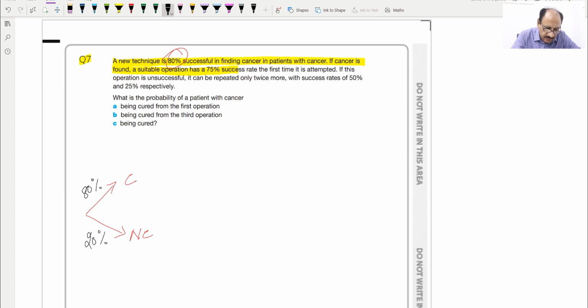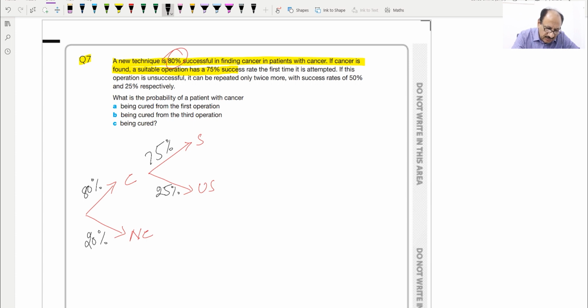Next they are saying 75%, so the operation will be 75% successful. So we can take successful as S and unsuccessful as U, so 75% here, and the remaining 25% will be unsuccessful.